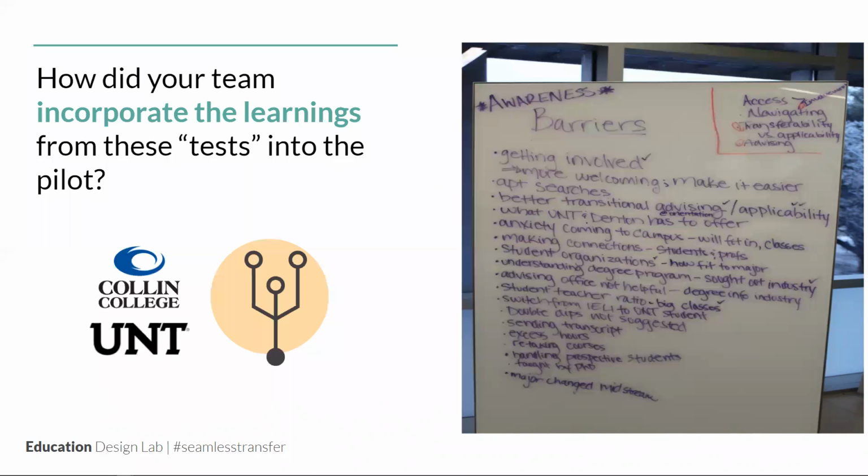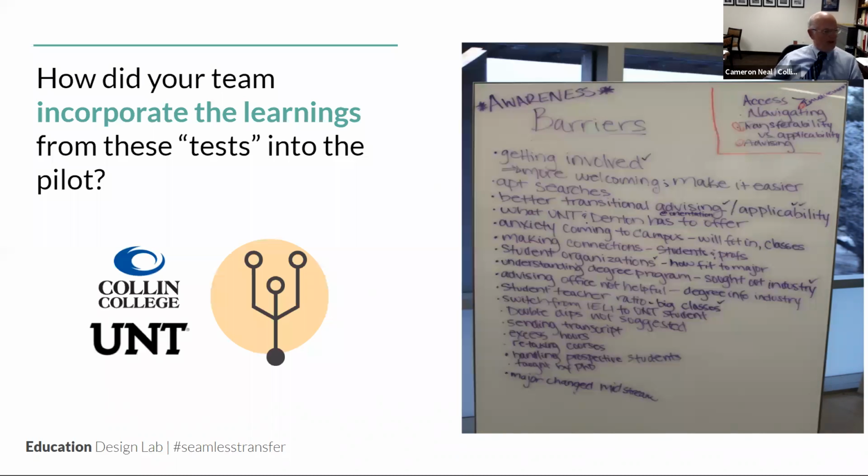Okay. Yeah, a couple of things were really important. We had student focus groups. We had the student focus groups talk about what are some of the issues. You can see on the slide some of the issues that we had.